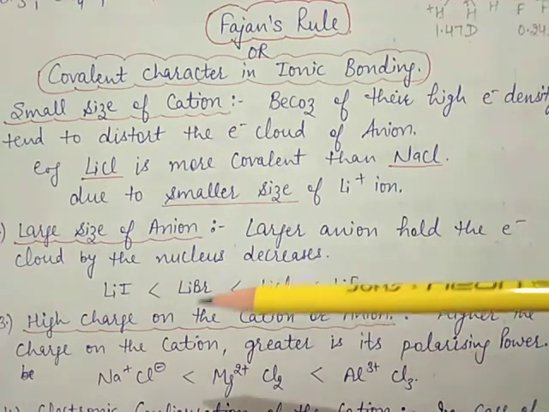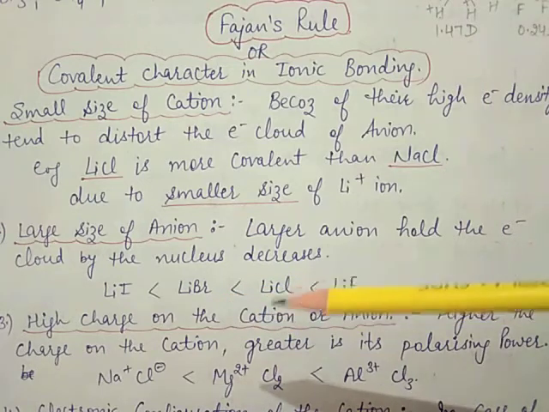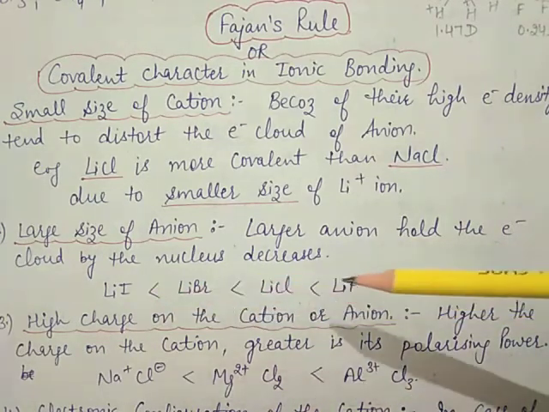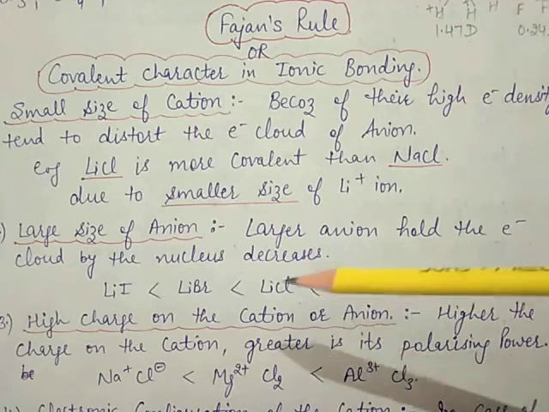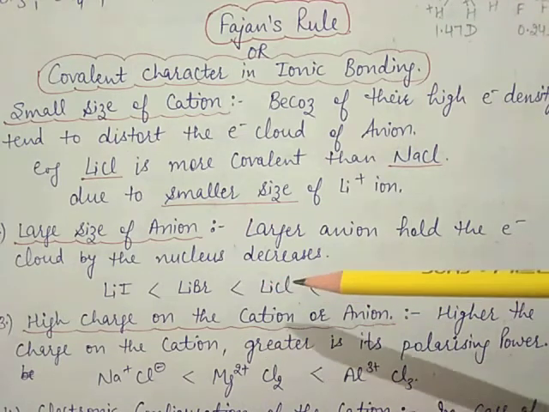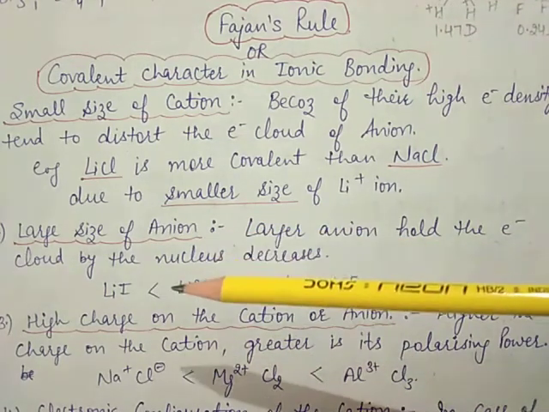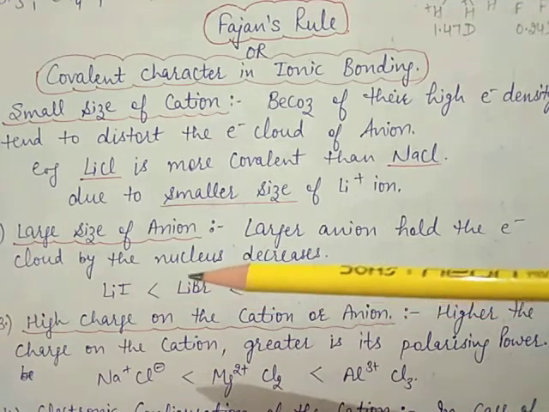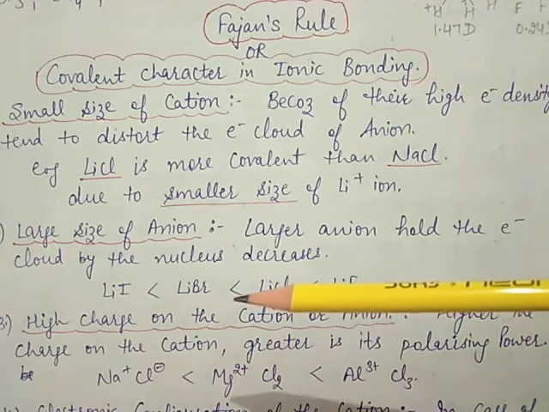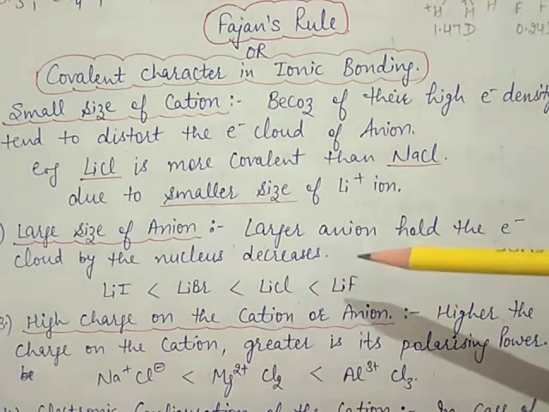So the order of halides, LiF is greater as compared to LiCl, LiBr and LiI. So this is the order of melting point.